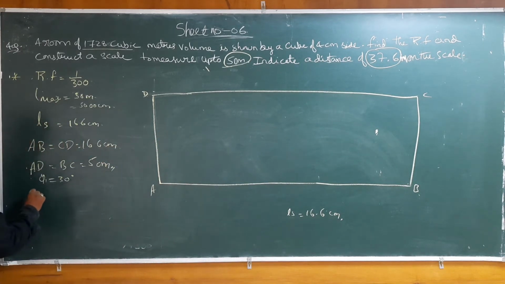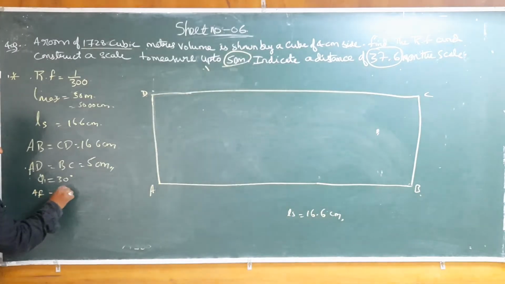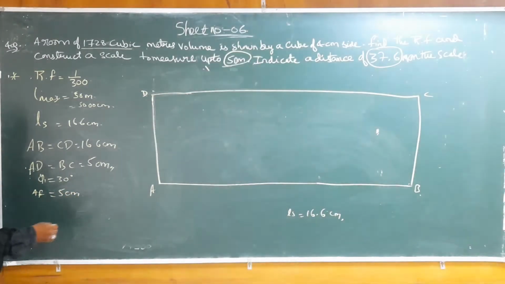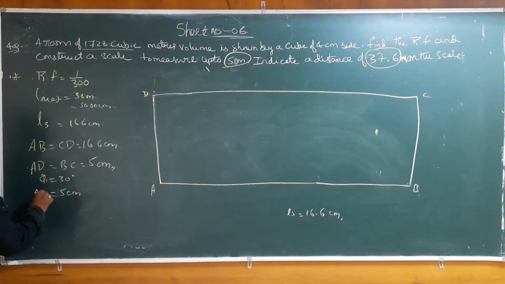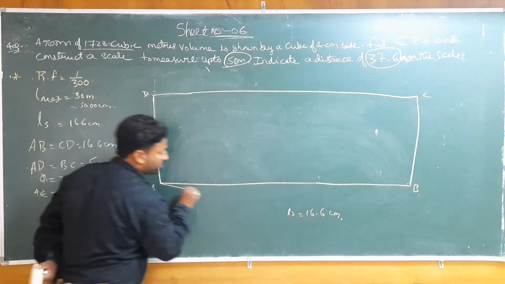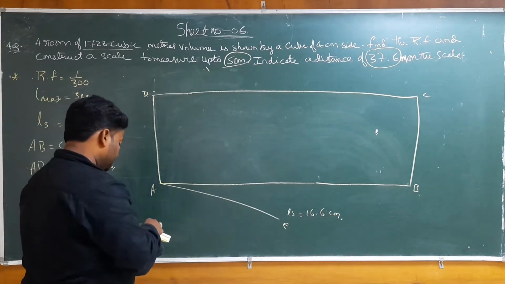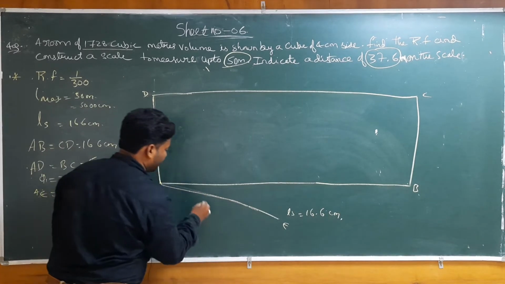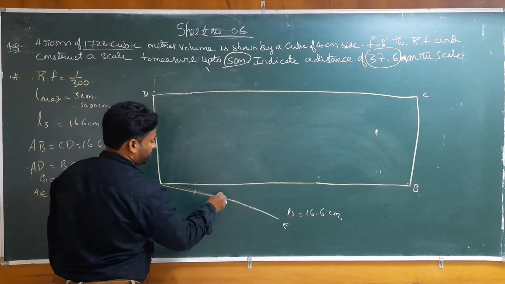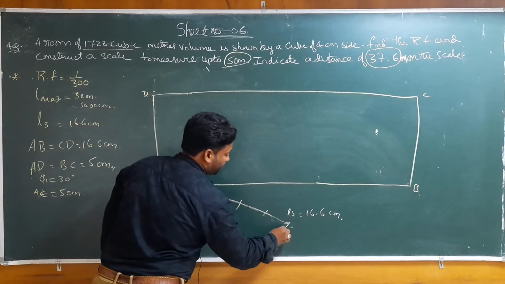So I will take AE is equal to 5 centimeters, that inclined line. I will draw from here to here. Suppose this is my AE, that is equal to 5 centimeter line. So I will divide the line into 5 equal halves. 1, 2, 3, 4, this is 5.